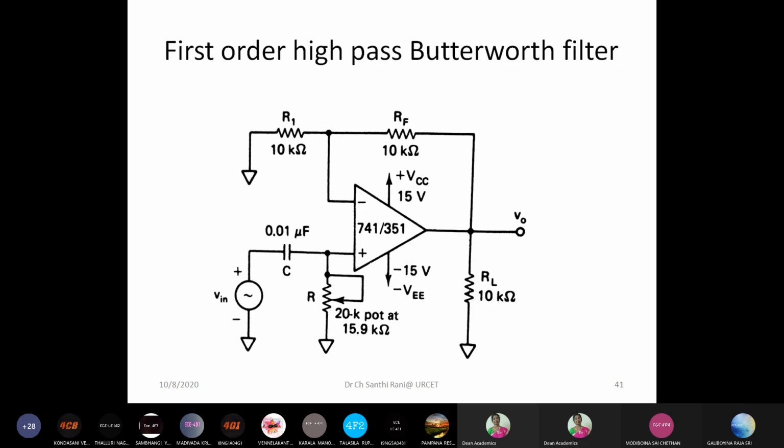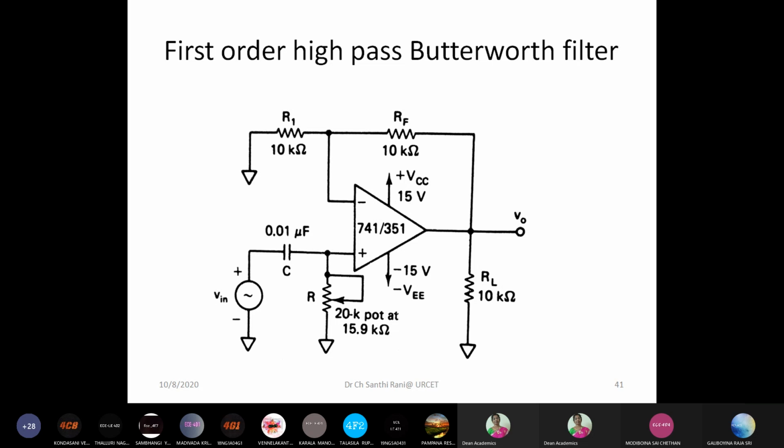For the first order low pass filter, we drew the frequency response curve, and in the stop band, the gain magnitude is decreasing at 20 dB per decade. Okay, so roll off is 20 dB per decade. That decrease we call roll off.